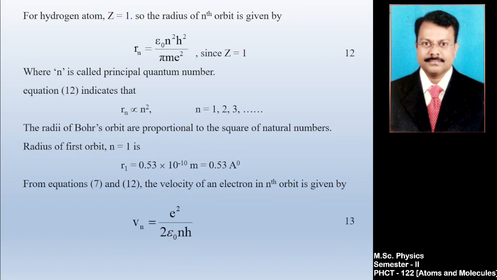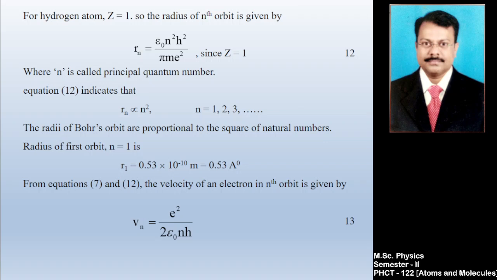For the hydrogen atom, the atomic number is 1. That's why z is equal to 1. So the radius of the nth orbit is given by Rn, where n means the nth orbit, is equal to epsilon naught n square h square upon pi m e square.